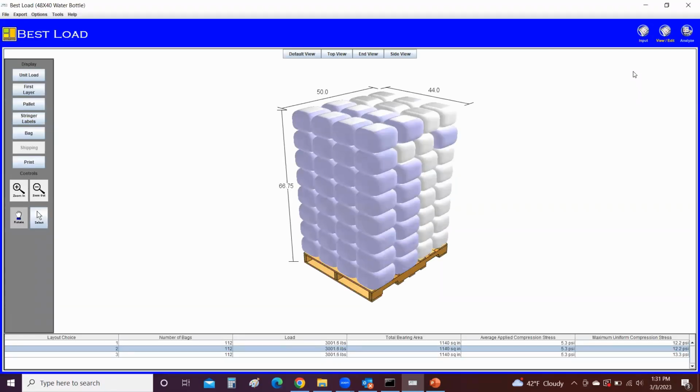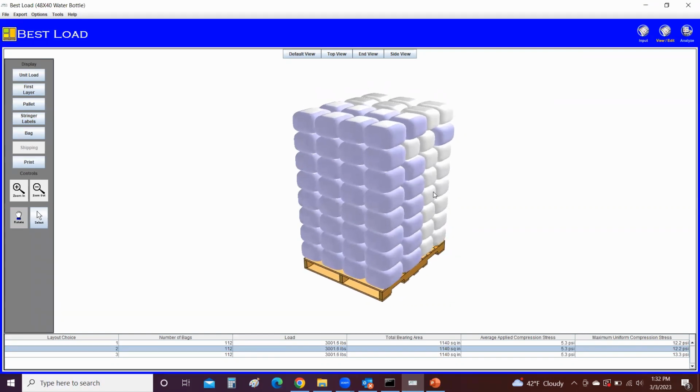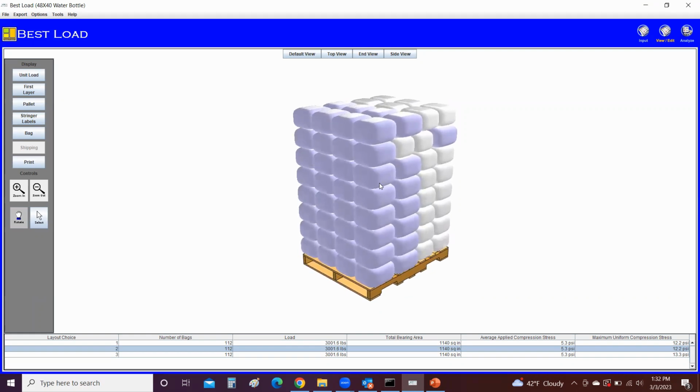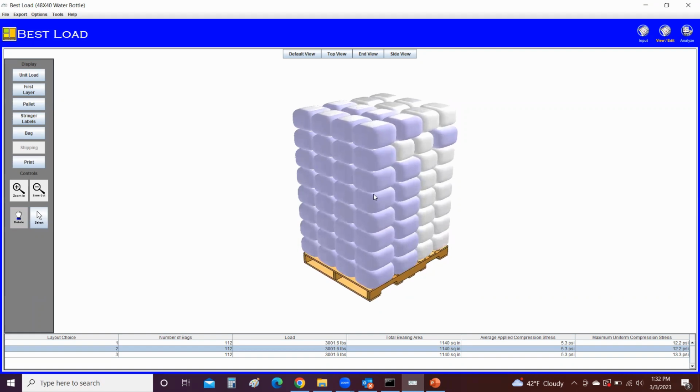The final unit load is comprised of shrink-wrapped 24 packs of plastic water bottles unitized on a 48-inch by 40-inch pallet. The goal is to reduce the applied compression stress on the water bottles to effectively reduce the amount of primary packaging damage and leaking bottles.